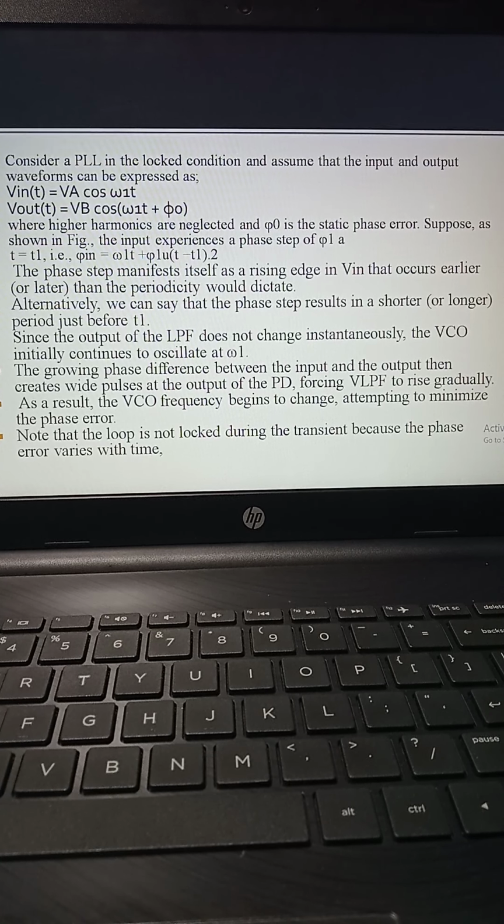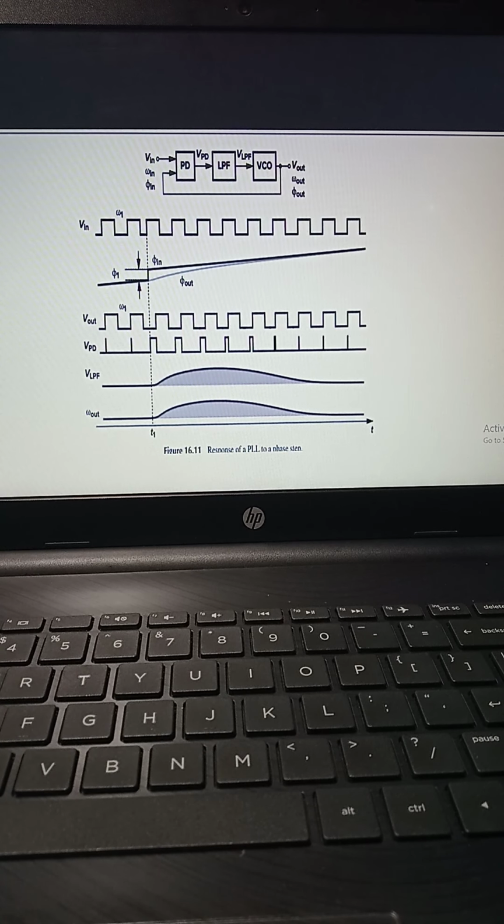Suppose, as shown in this figure, the input experiences a phase step of phi 1 at t equal to t1, that is phi in equals omega 1 t plus phi 1 u of t minus t1. The phase step manifests itself as a rising edge in V in that occurs earlier than the periodicity would dictate.